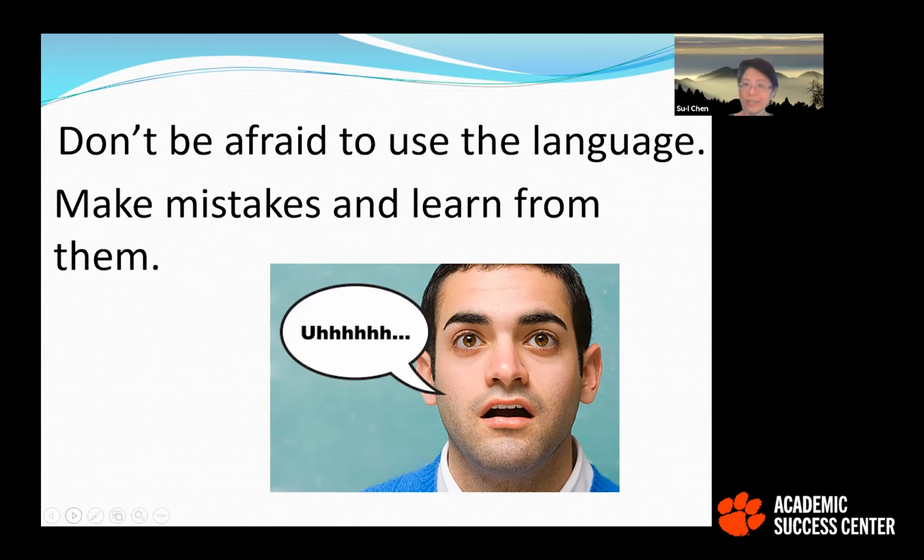Gesture is part of the language too, right? To help people understand, and use the minimal language you can to communicate with the people there. So the idea is try to survive. So I would like you to set your mind when you walk into the language classroom. Imagine you are trying to learn a survival skill, okay? If there is some mistake, it doesn't matter as long as you can reach the goal, okay?